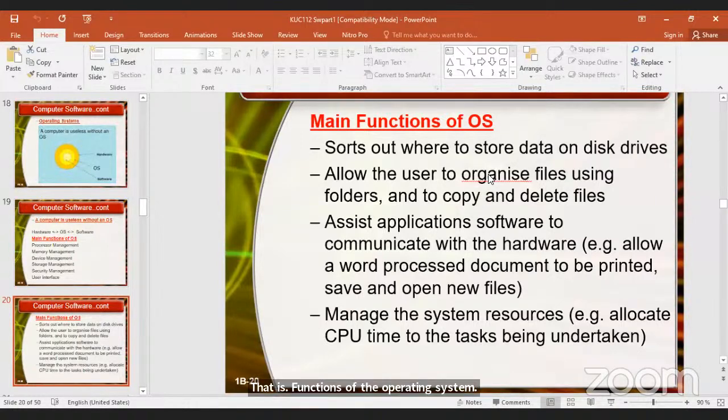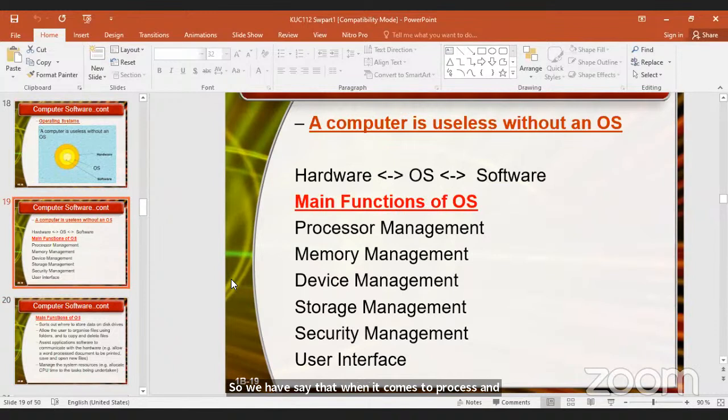It manages the system resources. Remember we mentioned about processor management. So we have said that when it comes to processor management, the OS manages system resources, like allocating the CPU time to the task being undertaken.